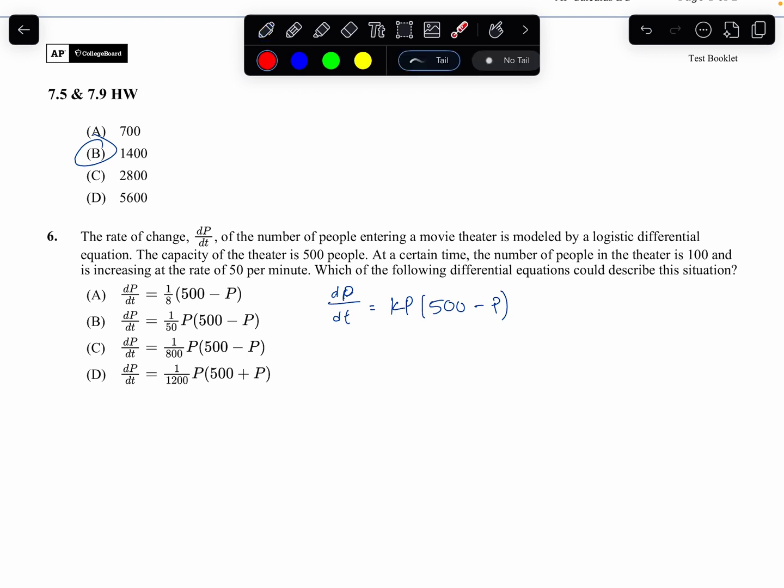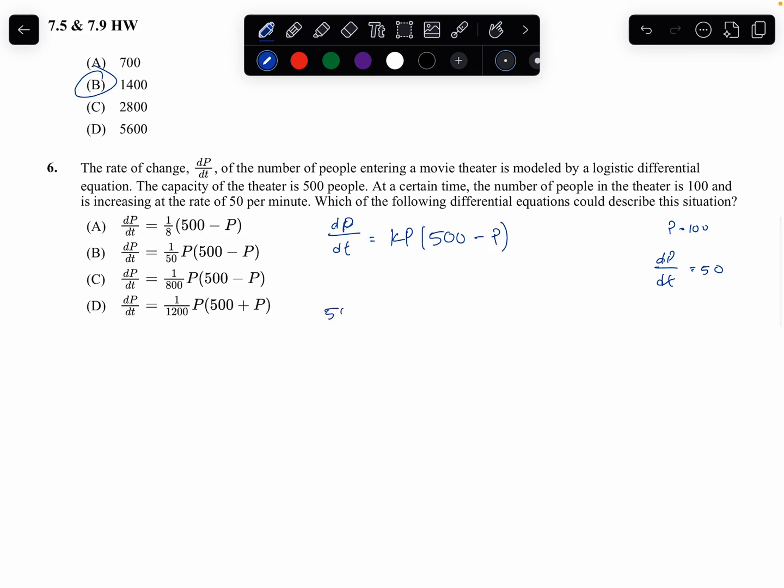Is that our answer? No, we need to solve for K. At a certain time, the number of people in the theater is 100, so P is going to be equal to 100, and it's increasing, so dP/dt is going to be equal to 50.